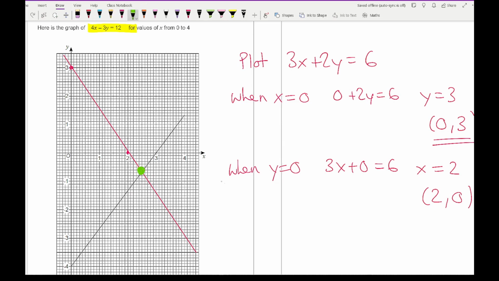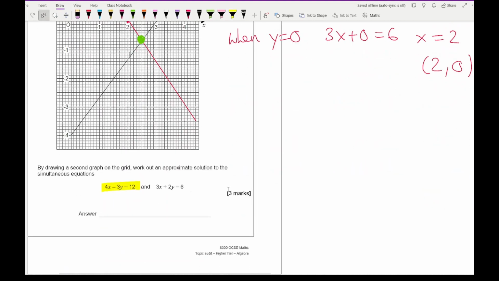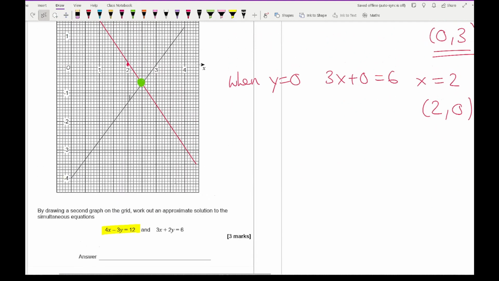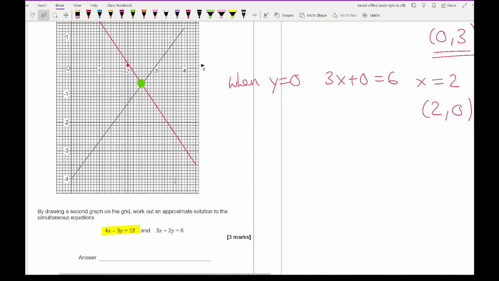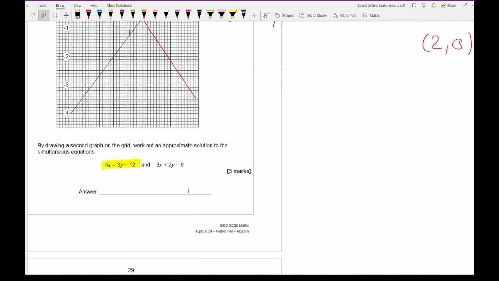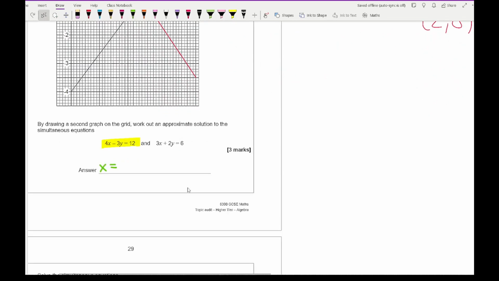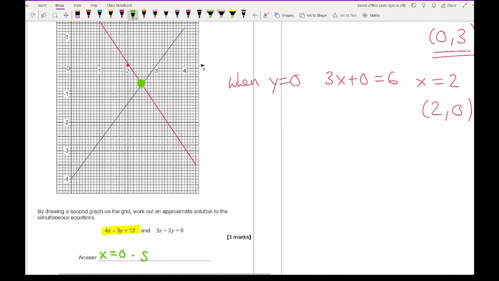I then just need to write down the coordinate of the approximate solution. So it's going to be the coordinate of that, which is x equals 2.5 and y equals 0.5.